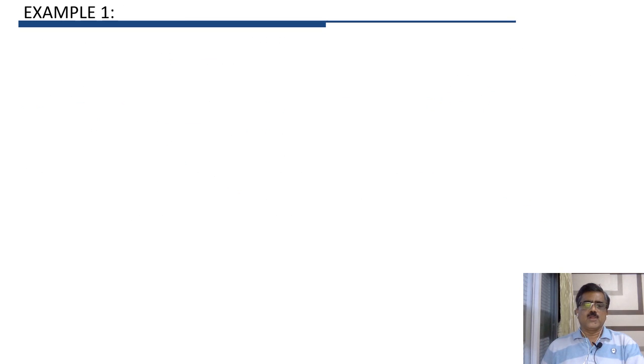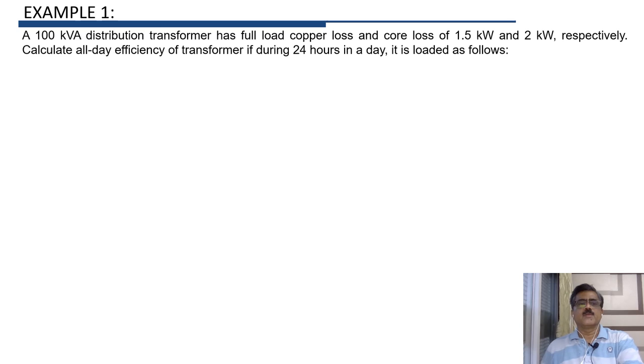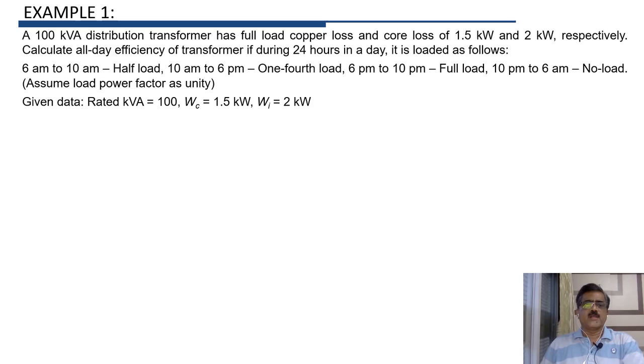Let us now solve example 1. A 100 kVA distribution transformer has full load copper loss and core loss of 1.5 kilowatt and 2 kilowatt respectively. So, here the given data is rated kVA of transformer, which is equal to 100.